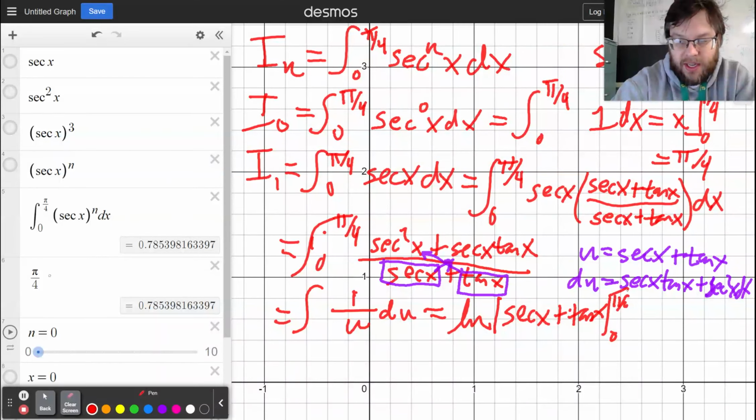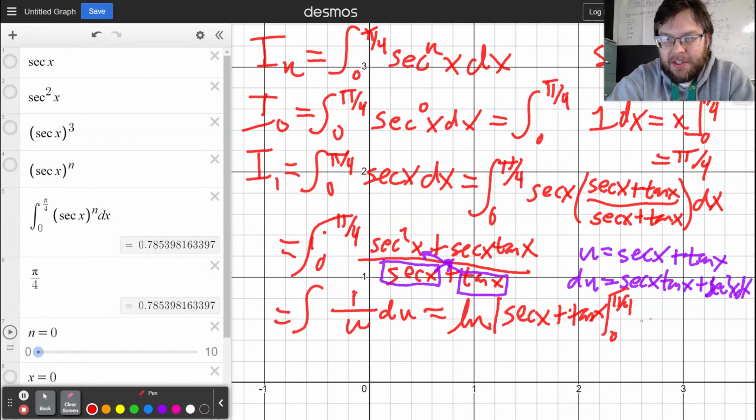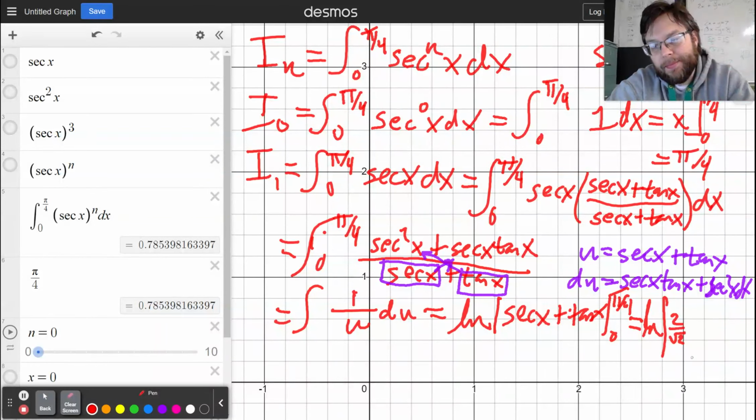I told you I had a real treat for you today. Okay? You asked for something like this. When you do secant of pi over 4, you got to think about cosine of pi over 4. Cosine of pi over 4 is square root of 2 over 2. So secant is the reciprocal of that, 2 over square root of 2, which is the same as just square root of 2.